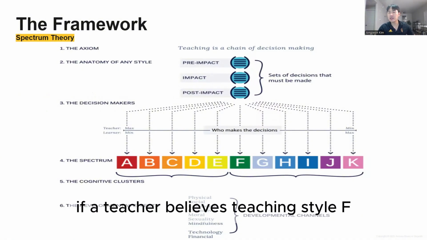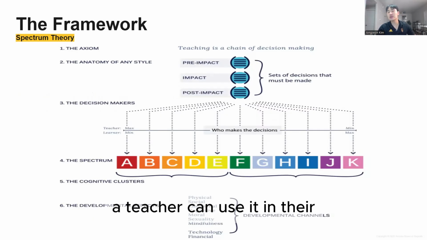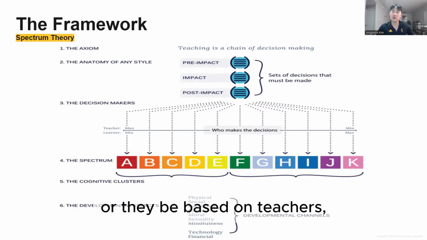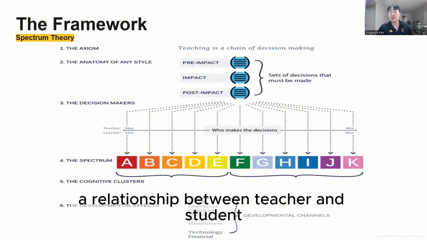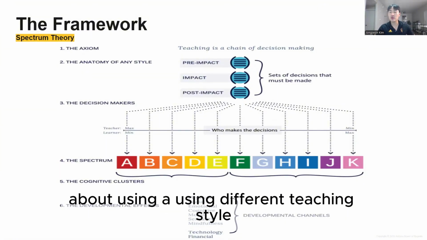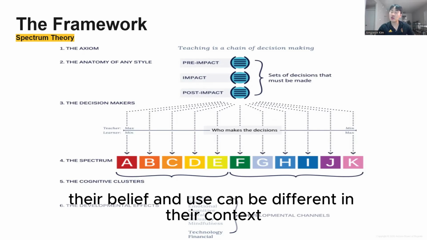For example, if a teacher believes teaching style F is good for student motivation, the teacher may or may not use it in their classroom, because they can have multiple constraints, or because of the relationship between teacher and student. There are a lot of constraints on using different teaching styles, so their belief and use can differ in their context.